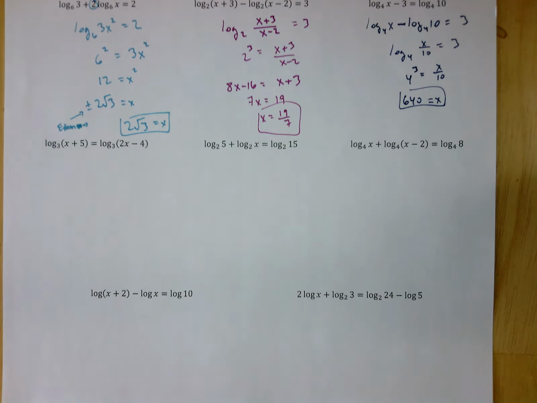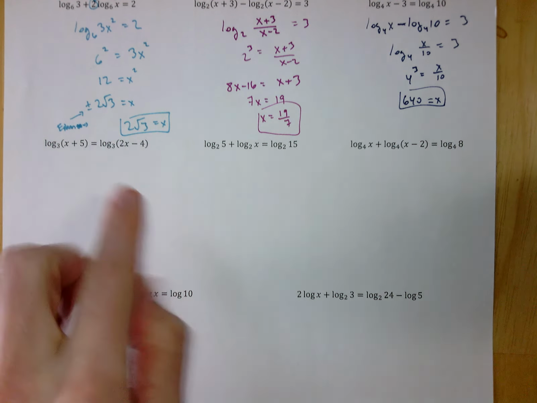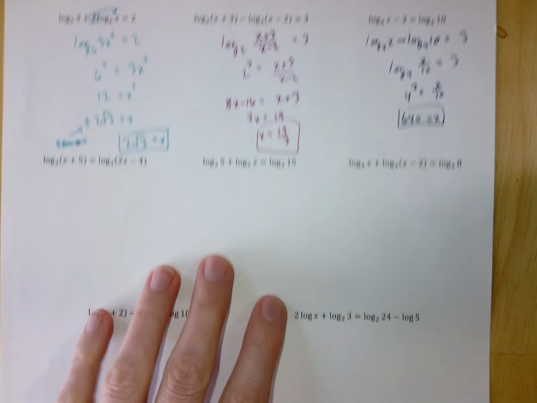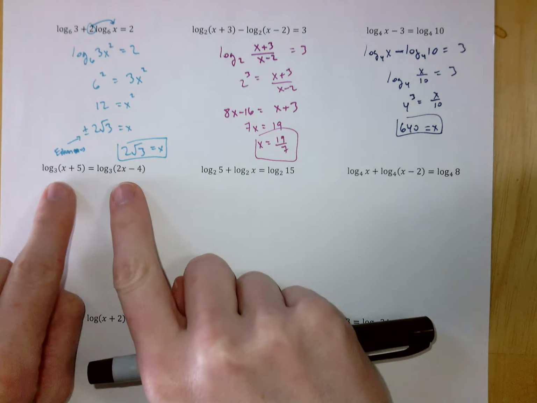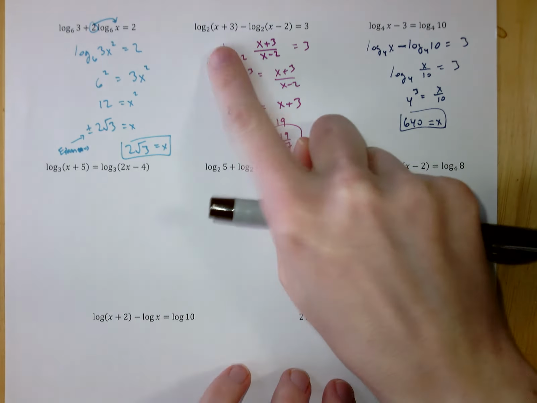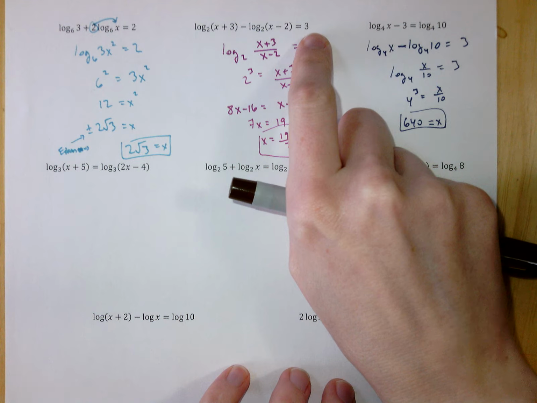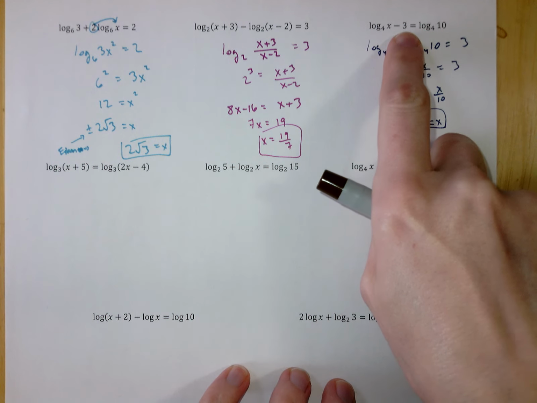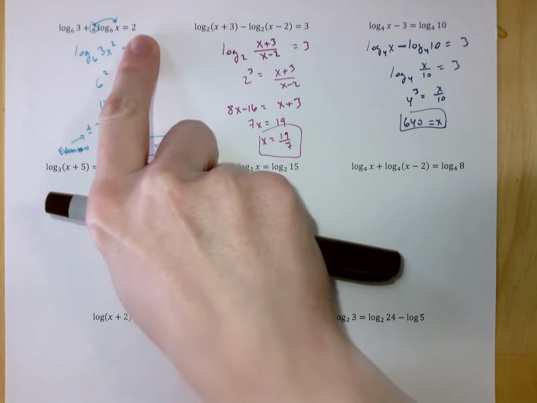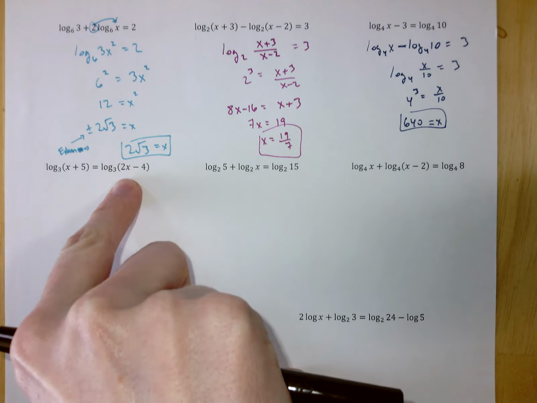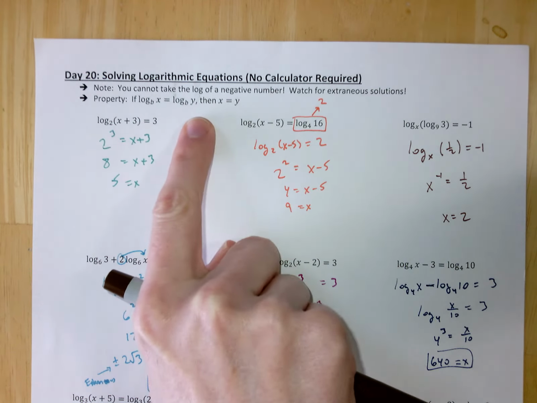All right, this one down here. So this one I have 2 logs. And the difference here between this one and the ones before it is that here I only have 2 logs. The earlier ones had 2 logs and also another number. Just 2 logs, okay? So when it's just the 2 logs, that's where this property comes into play.